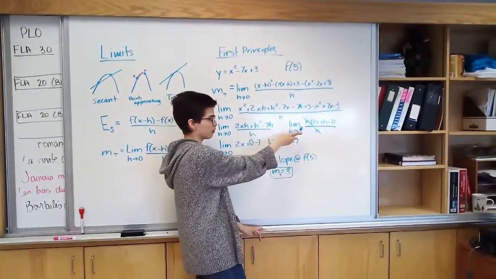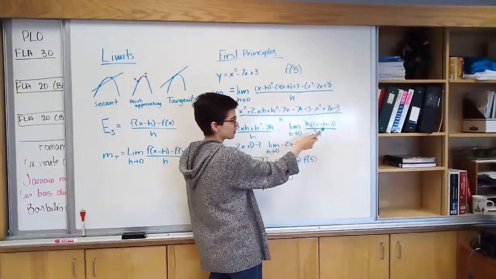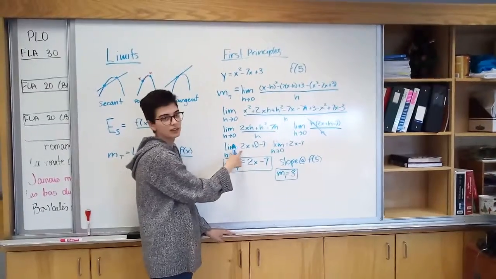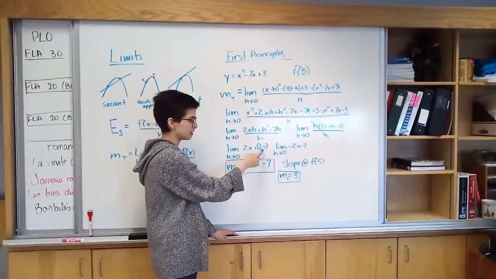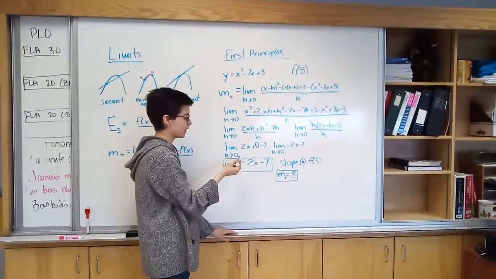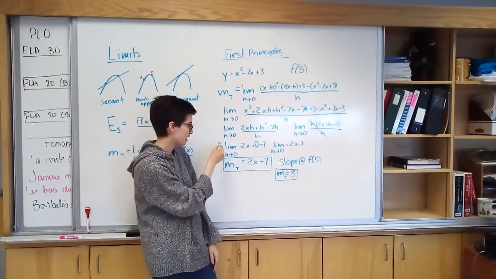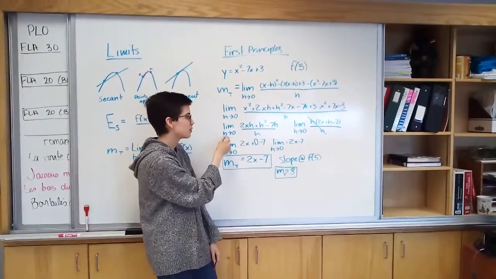We took the h's out and put it on the outside, and it easily just cancels out with the bottom one here. Once we have our simpler limit here, which is 2x plus 0 minus 7, that's when I explained to you why I put a 0 in here, because the limit is when h approaches 0.